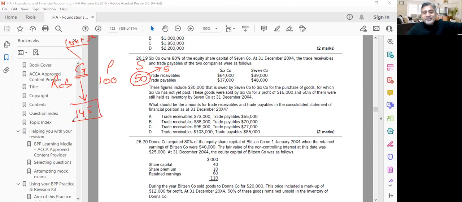We call it eliminating intragroup receivables and eliminating intragroup payables. Whatever are the intragroup receivables and payables balances, you have to subtract, because it is just like I owe to myself. How can I owe to myself? When these were two different companies, P and S, they can say, I sold you goods, you owe me money.